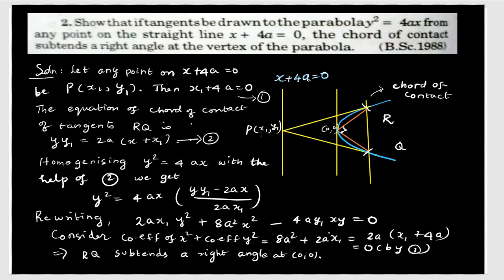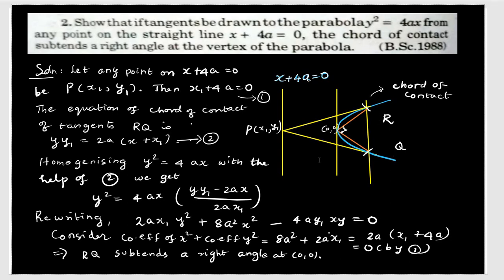So once this point is taken as x1, y1, the equation of RQ will be y1 is equal to 2a into x plus x1. Now remember, this x1, y1 is a point on this line. So you have this equation x1 plus 4a equal to 0. We shall name that as equation 1 and the equation of RQ as equation 2.